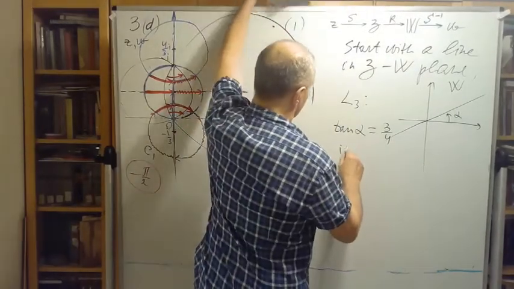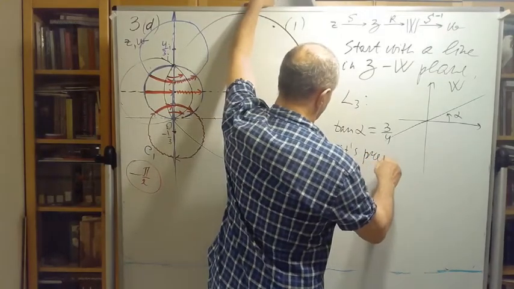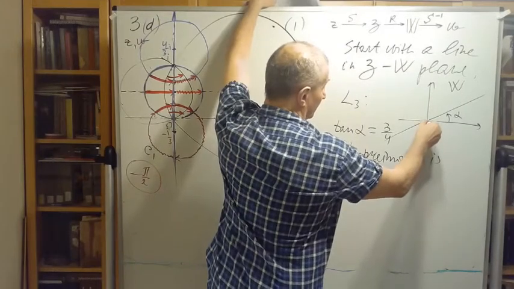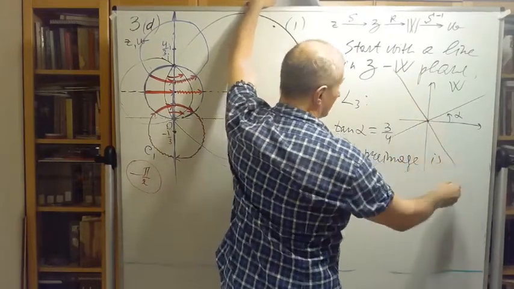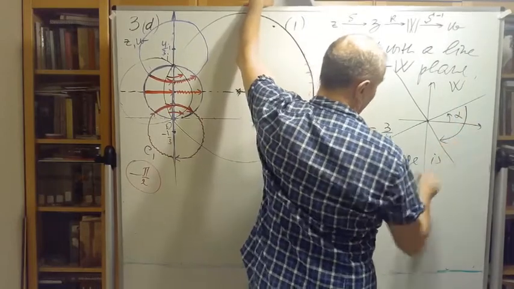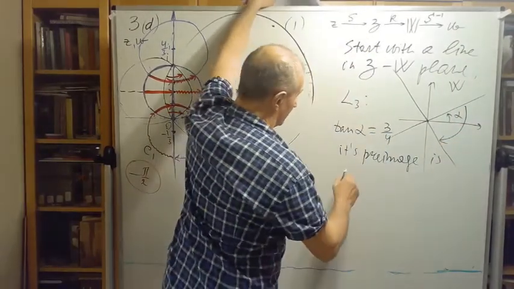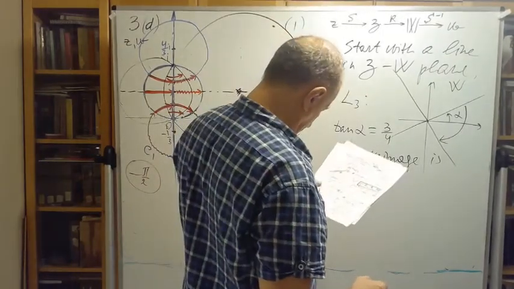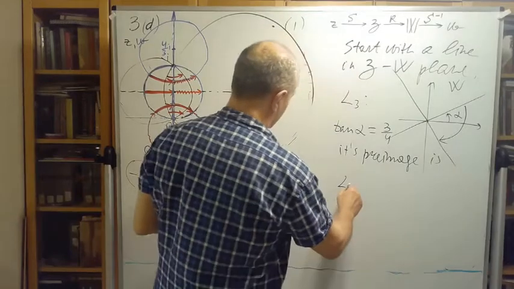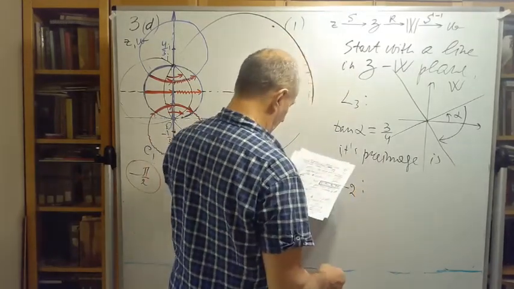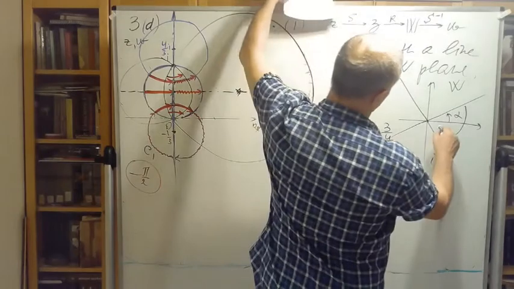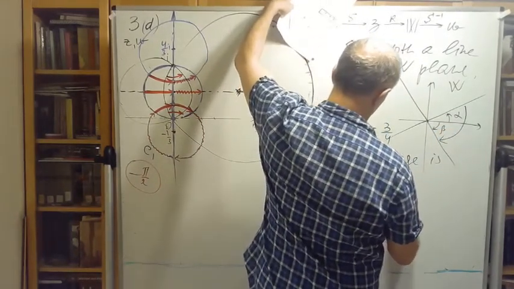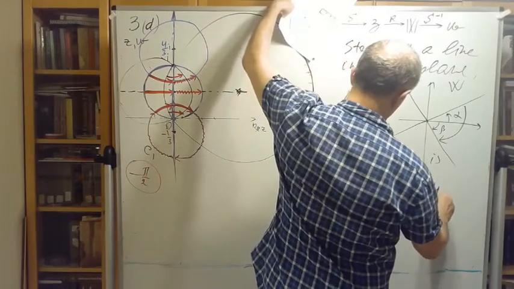Its preimage is, how to get preimage? We rotate this through negative 90 degrees. This will be the one, right? Its preimage is L2. If this angle is beta, so tangent beta is negative 4/3.